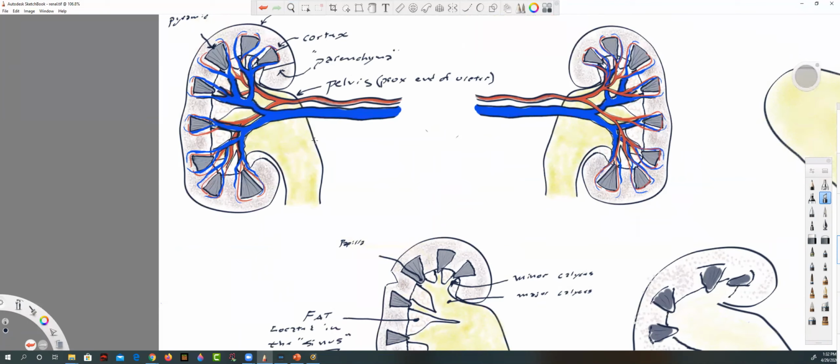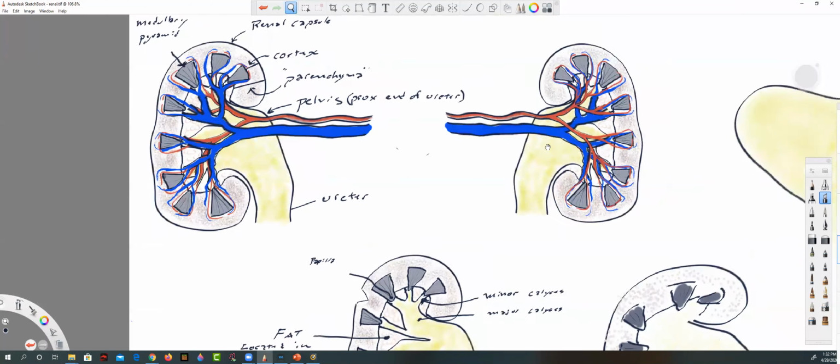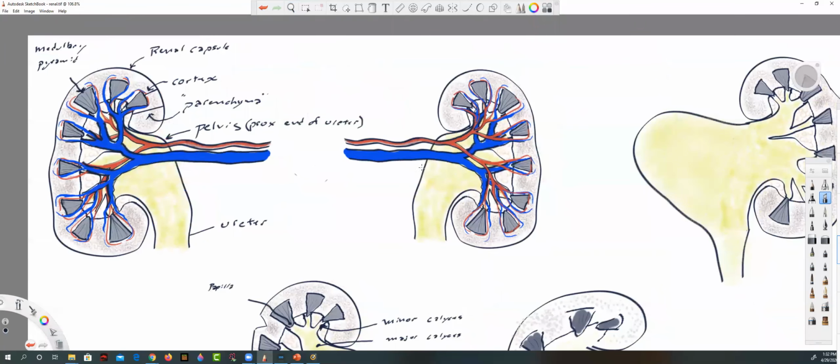Once it comes out of the kidney, it's not nearly this fat, but let's just pretend this guy has what's called hydroureter, which is urine backed up in the ureter. But once it comes down here, this is the ureter, and of course that goes all the way down to the bladder. Here, let's use the left kidney. This guy's not doing anything except just looking pretty.